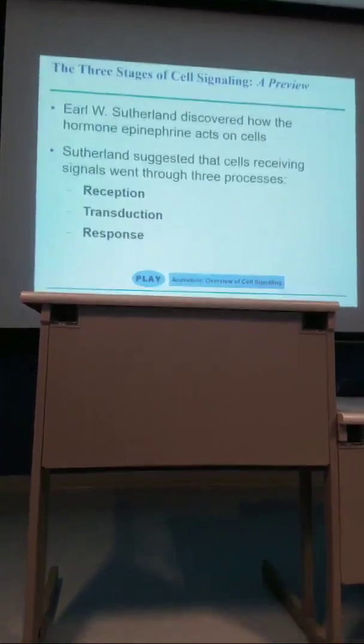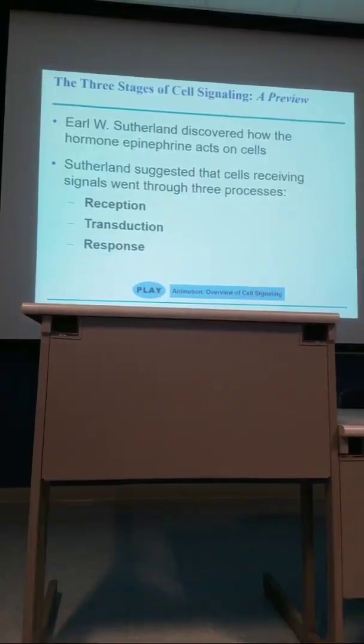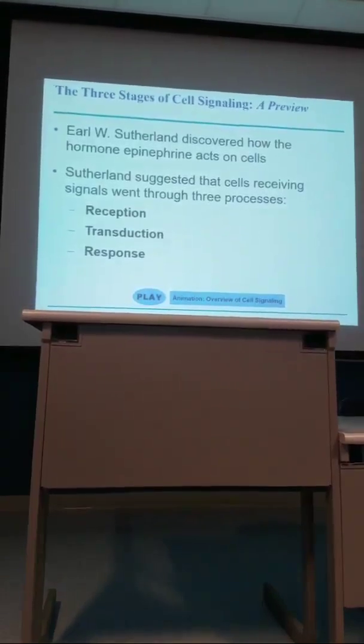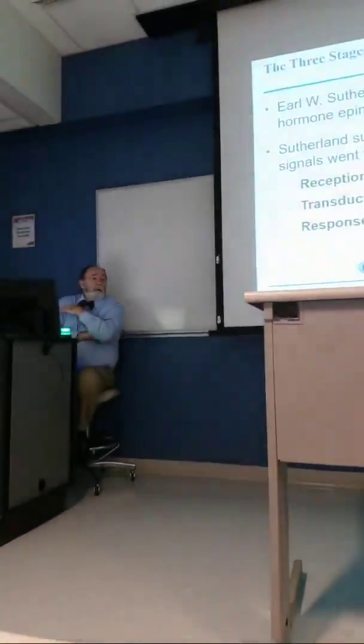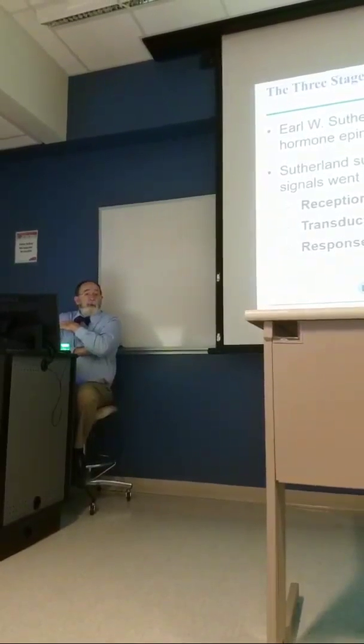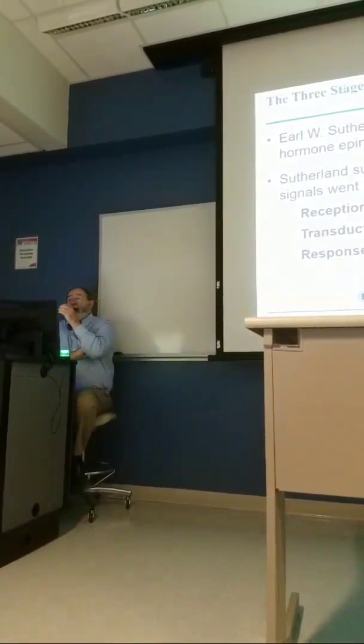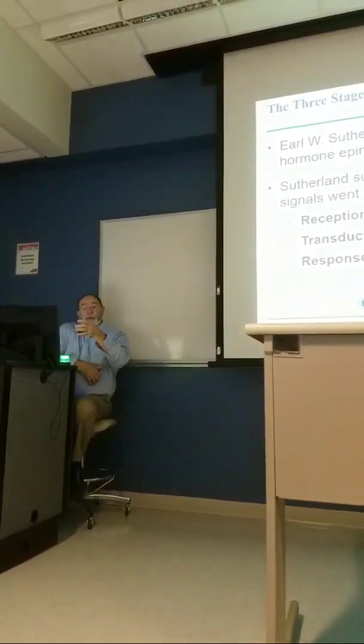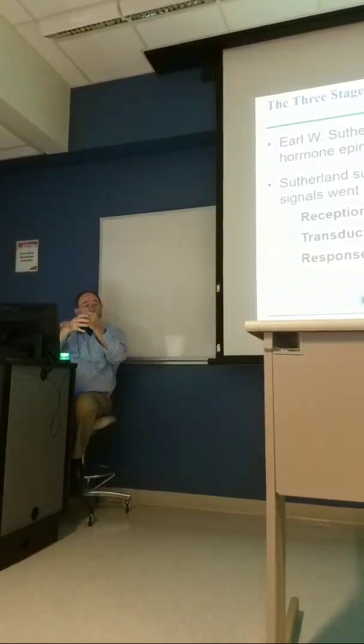Epinephrine is a drug that, if you put it into, for example, your trachea or respiratory epithelial cells, will cause them to dilate. However, if you put it into the blood vessels, it will cause them to constrict.